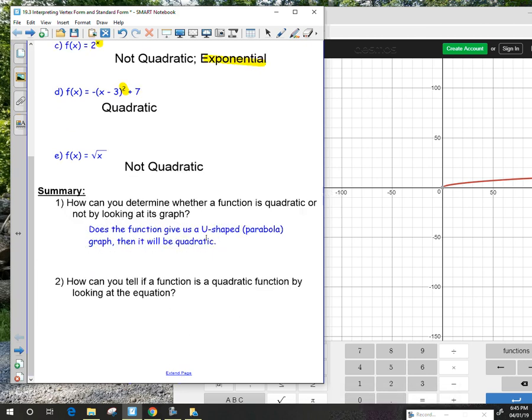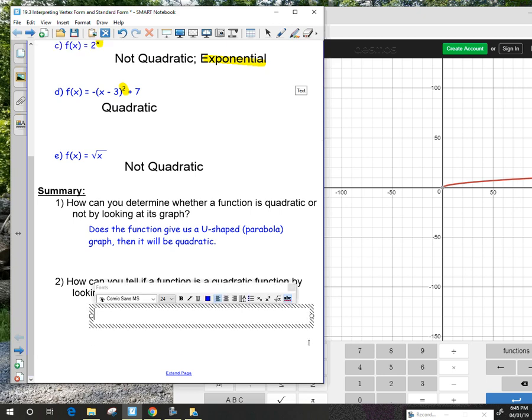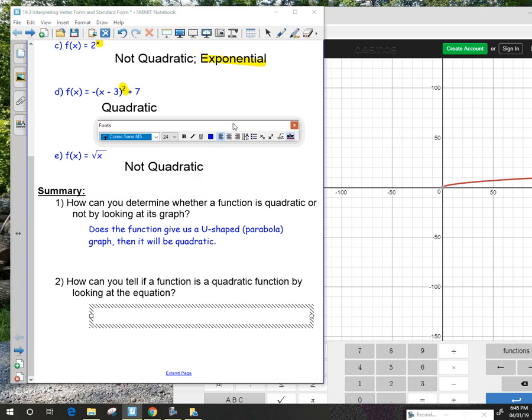But the other part of this question is asking how I can tell if the function is quadratic by looking at the equation. If I'm just looking at the equation, like on B and D, the examples above, I'm looking to see, does the equation have an exponent of 2? Really, does it have the highest exponent of 2?